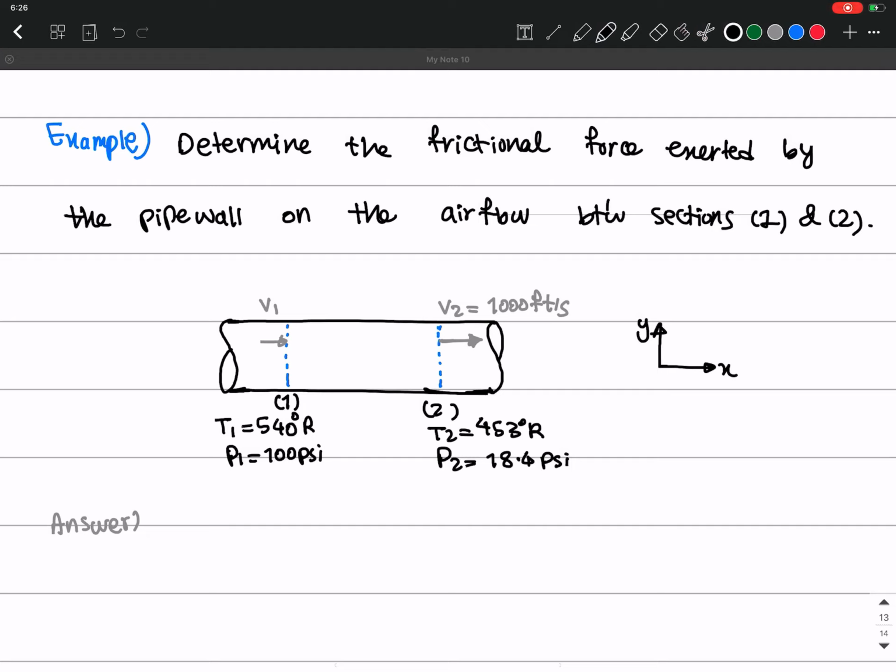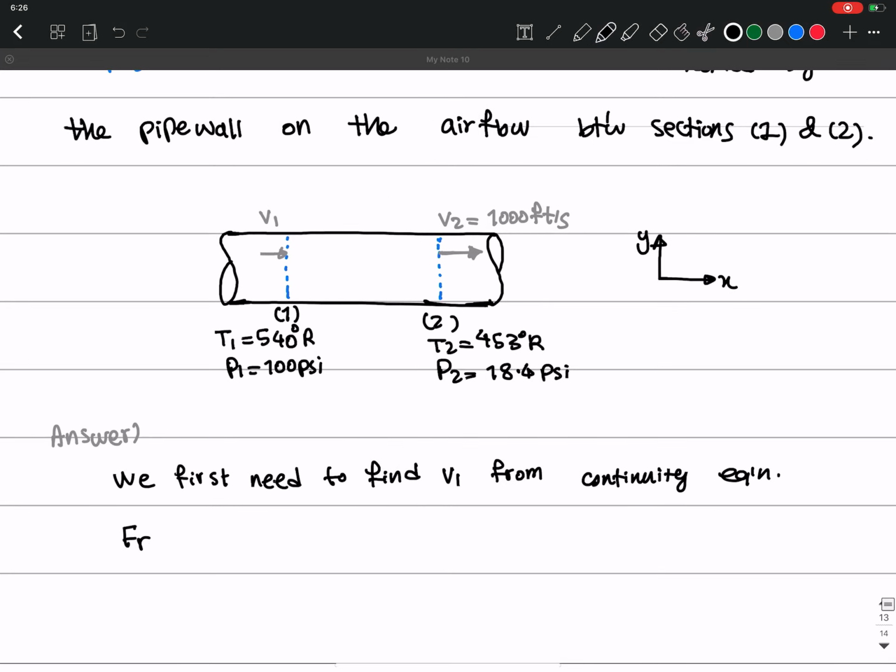But in this problem, if you remember, we first need to find V1 from the continuity equation.